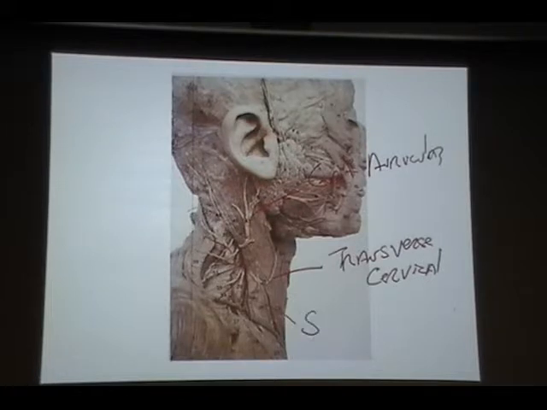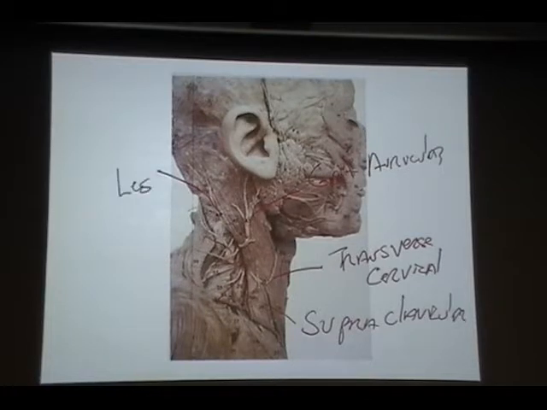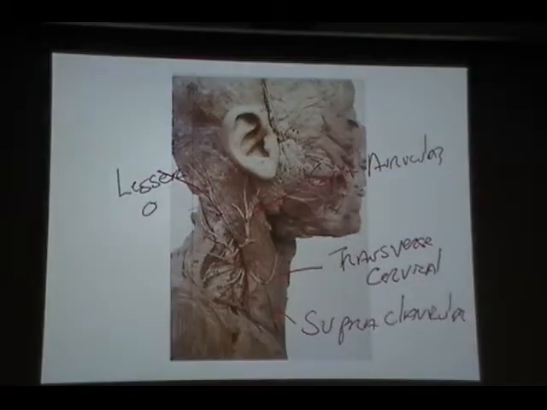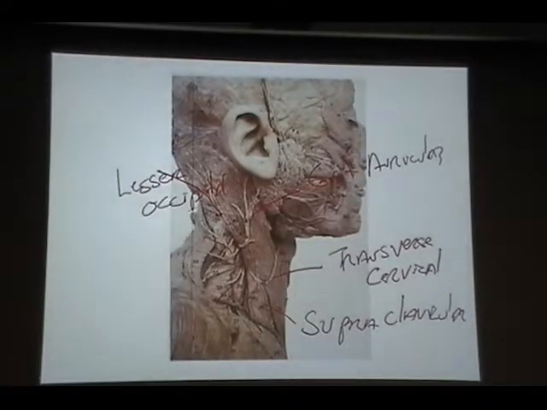These are supraclavicular. And this over here is lesser occipital. Okay, these twigs here, this one and this one, these are actually spinal accessory.